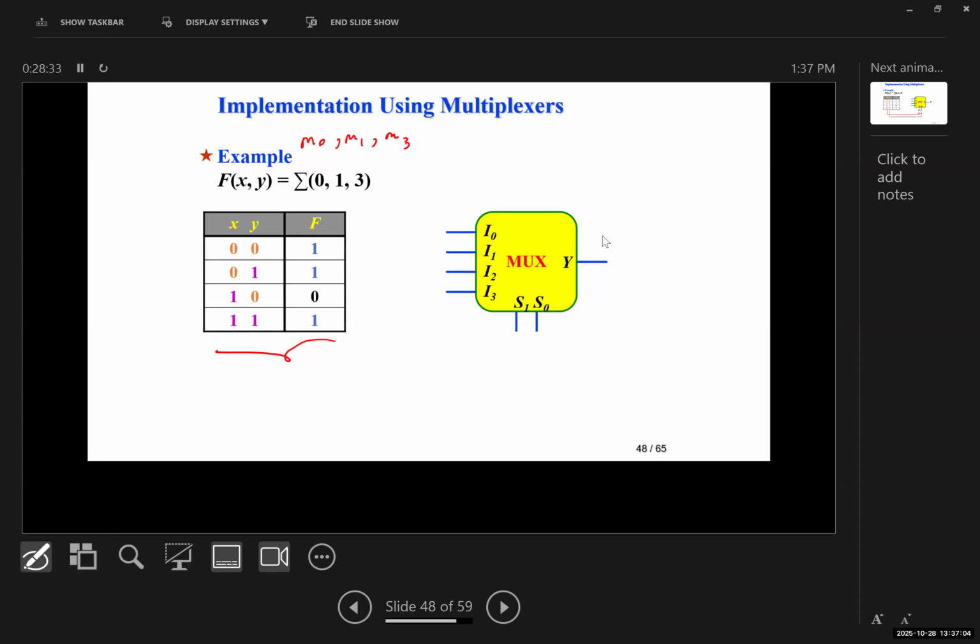And by the way, just a hint, y is our f or our output. Should I connect x and y to S0, S1, or should I connect it to I0, I1, I2, and I3?